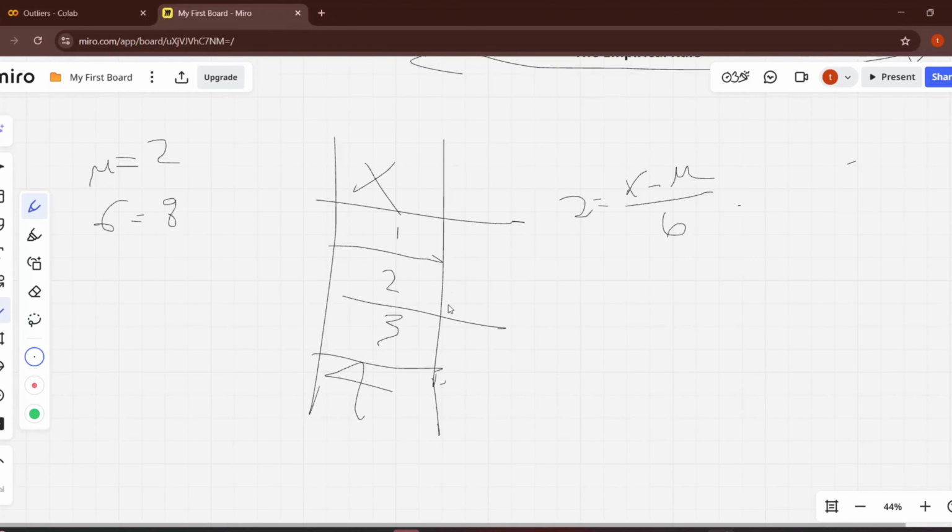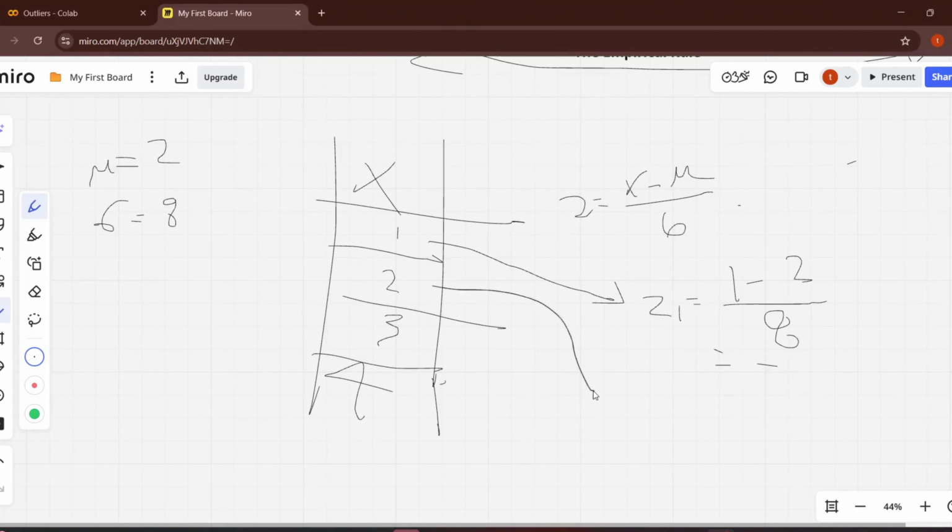Now we will find out the value of z-score one by one. First we will find out the value of z-score for this value over here. So for this we write z1, x is 1 minus mu, which is the mean 2, and on the downside there will be 8, which is sigma. Alright, we will get the value over here.